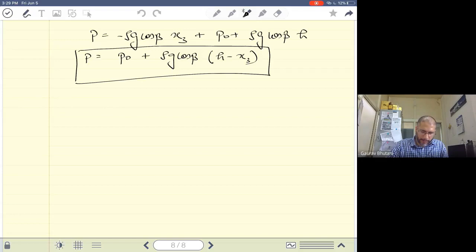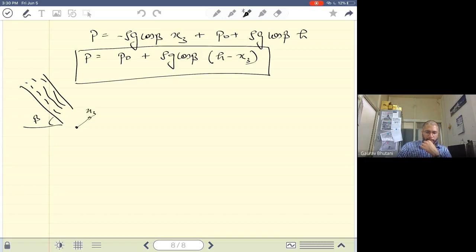Now, let's try to understand this intuitively. So at the surface of the flow, which is x3 equals h, if we substitute x3 equal to h, we get P equals P naught, which is fine.